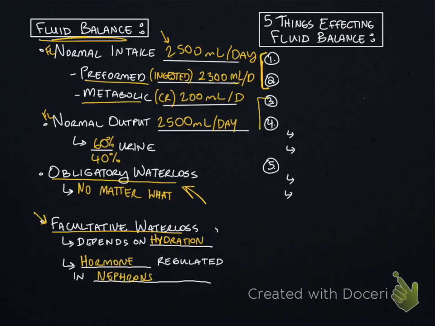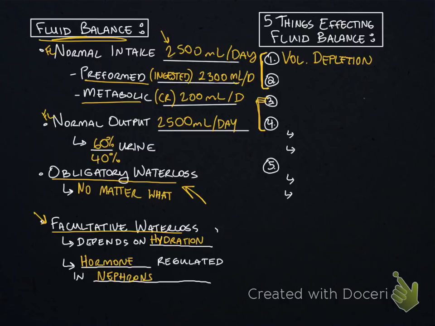And then for these 2, you would ask, is there a change in the concentration? Okay, I'll show you what I mean by that. The first one's called volume depletion. So the first 2, concentration is the same.